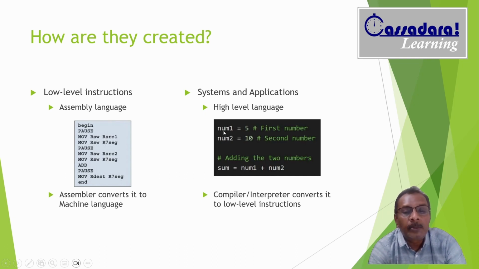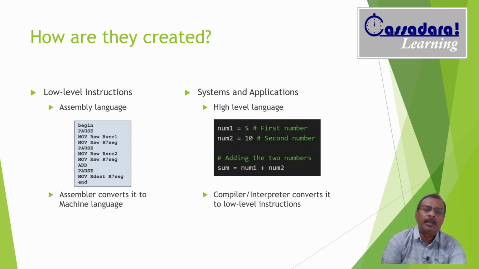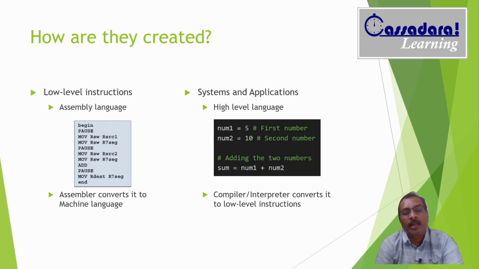It says num1 equal to 5, num2 equal to 10, sum equal to num1 plus num2, which is very similar to what we read in mathematics in our school, right? A normal human being can understand this, and figure out what this program is trying to do. So this is a high level language.